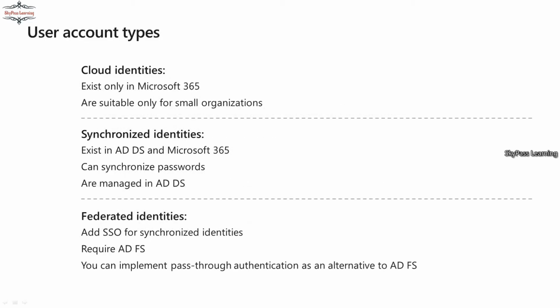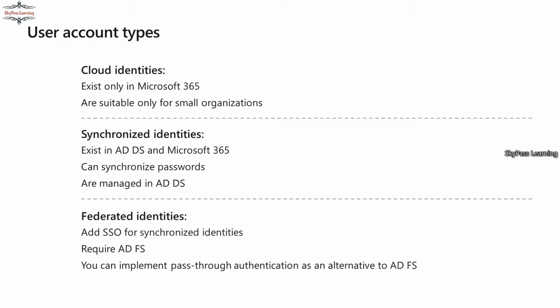Okay, so user account types in Microsoft 365, we have three types of user account types. The first one is cloud identity, where your user account exists in Microsoft Azure Active Directory only, and it does not have any integration with your on-premises environment.